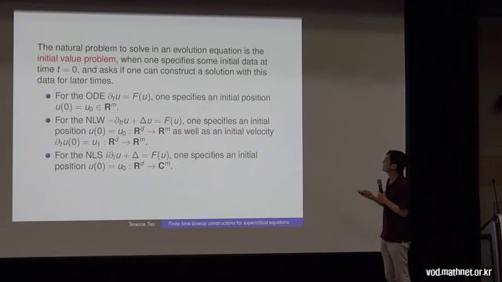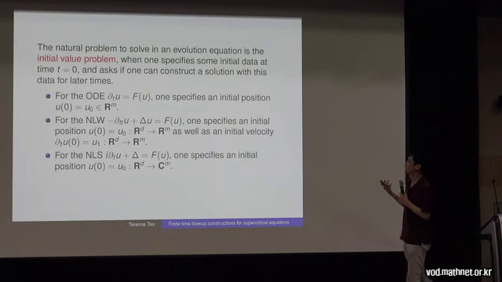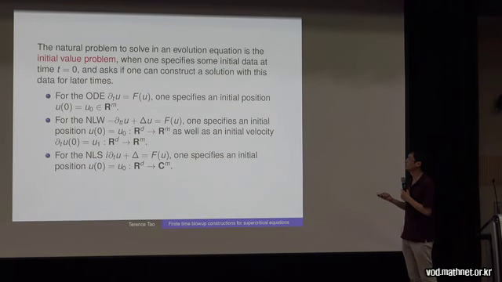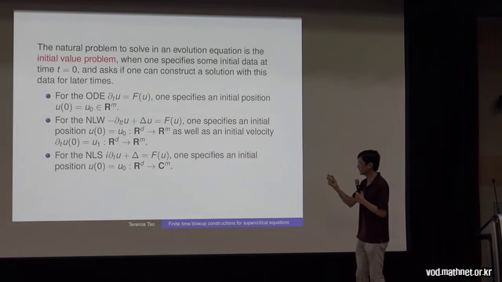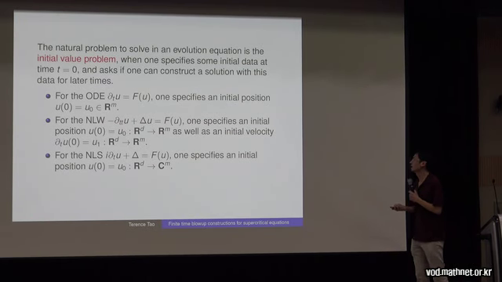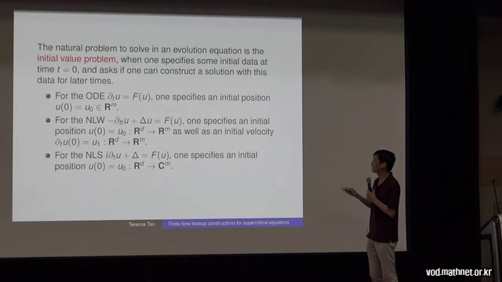Now, the initial data you specify at time 0 depends a little bit on your equation. For instance, if you have a first order ODE, like this ODE here, d_t u equals f of u, you just specify the initial position. You specify what your particle is doing at time 0, and that tells you what happens at later times. If you have the nonlinear wave equation, this equation here, it turns out specifying the initial position is not enough.